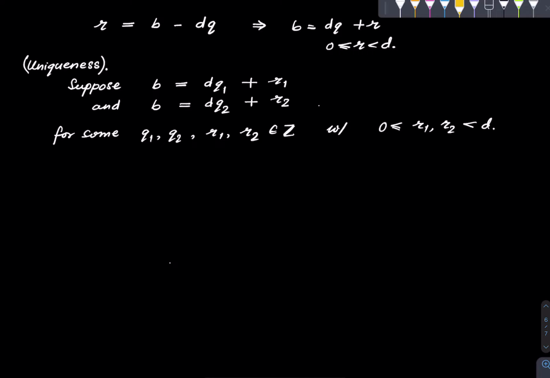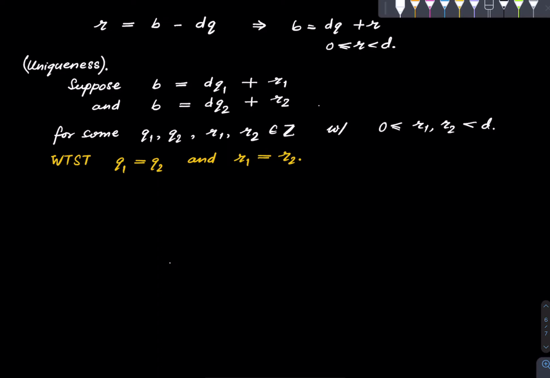So we want to show that Q1 equals Q2 and R1 equals R2. This is exactly what it means to say that there exist unique Q and R. So this is what we want to show.